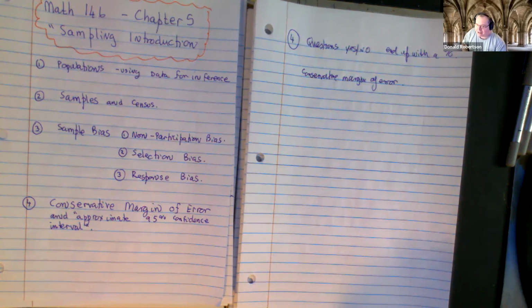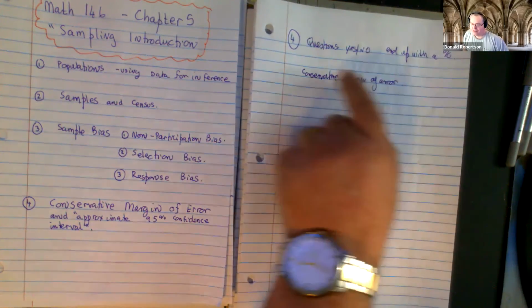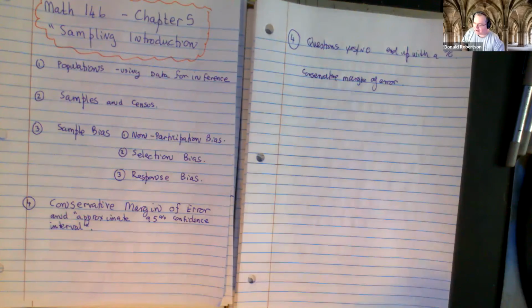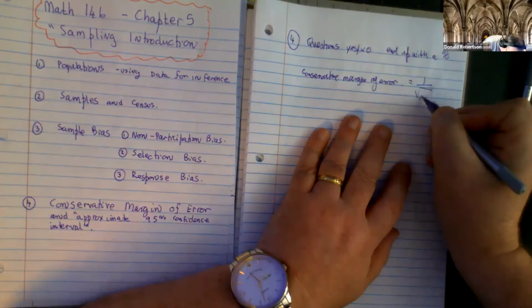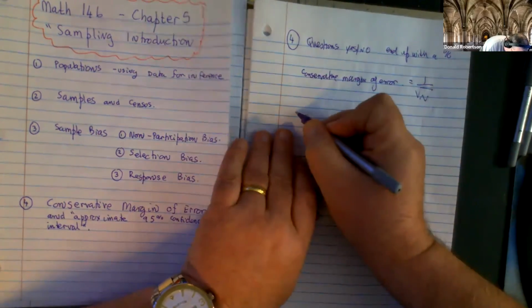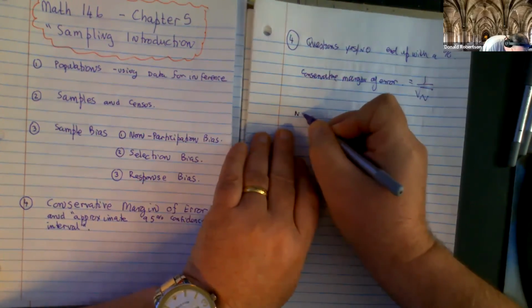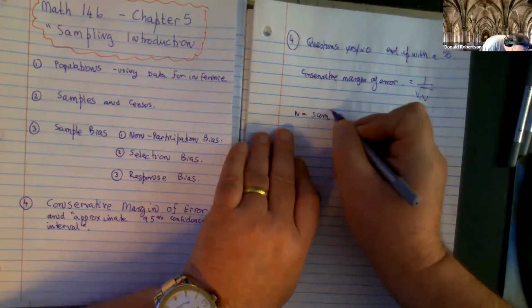But wouldn't it be pretty close? 20%, give or take 4%, or give or take 9%. You know that give or take bit? That's what the margin of error is. The conservative margin of error is the wiggle room that you've got in it. And you get it by 1 over the square root of n. And n is the sample size.